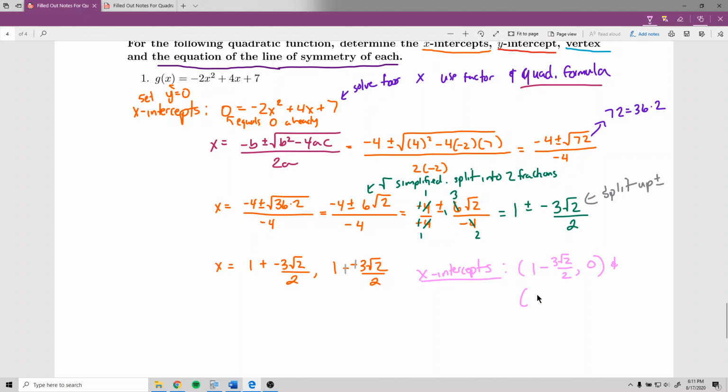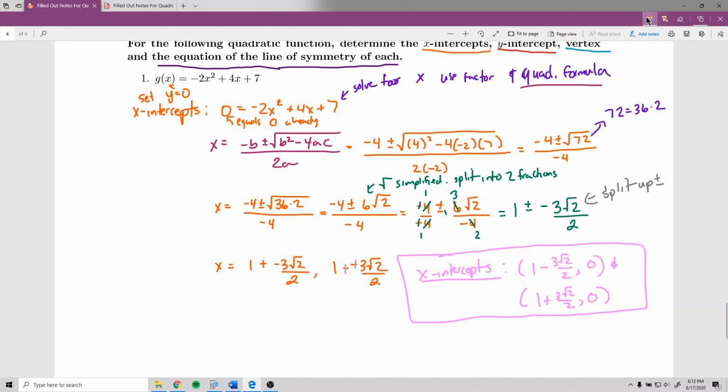And 1 plus 3 square root of 2 over 2 comma 0. Now, unfortunately, this one didn't simplify that much, but that is the simplified answer for the x-intercepts. And also, that's how you can use the quadratic formula to find the x-intercepts.